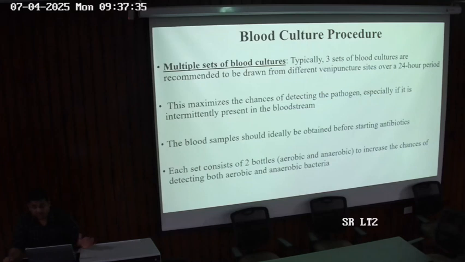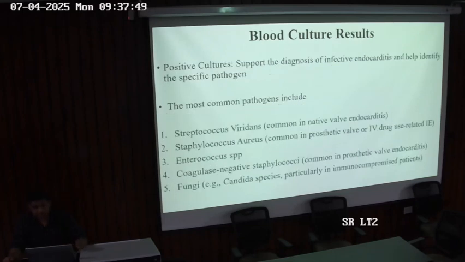Obviously, if you start the antibiotic, there is a chance of a sterile sample. Each set consists of 2 bottles to increase the chances of detecting both aerobic and anaerobic organisms at each site. A positive result supports the diagnosis of infective endocarditis and helps to identify the specific pathogens.